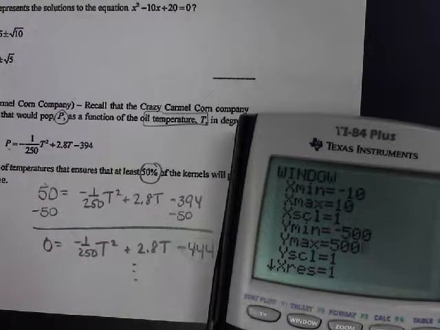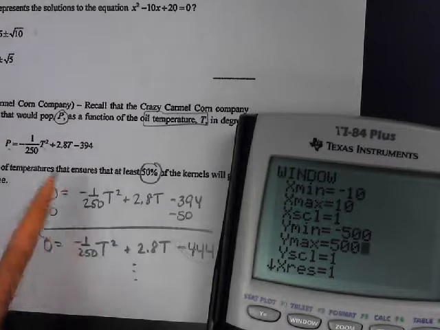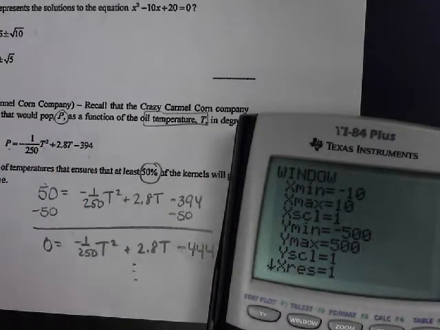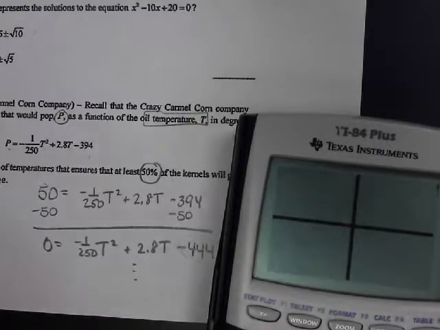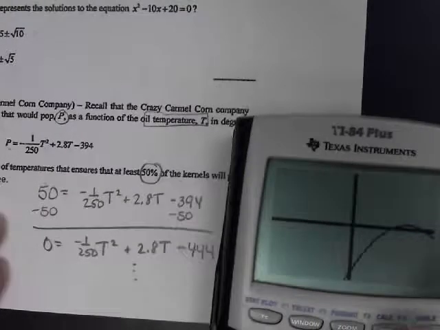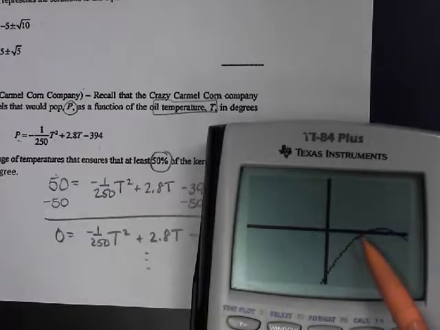The temperature I'm cooking at, negative 394, so maybe I just do negative 500 to 500 on both and see if I like my parabola. There it is. So it's going to turn around here. They want the solutions, and the solutions are here and here.